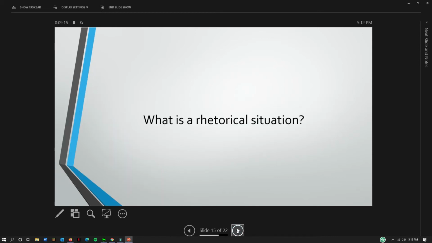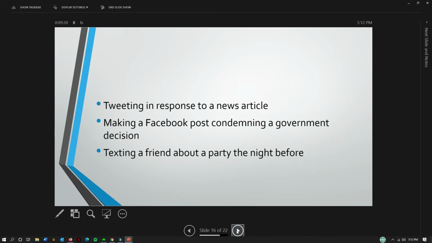So what is a rhetorical situation? Well, it's tweeting in response to a news article. It's making a Facebook post condemning a government decision, or texting a friend about a party the night before.